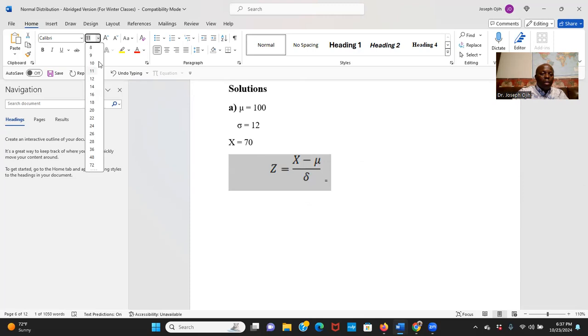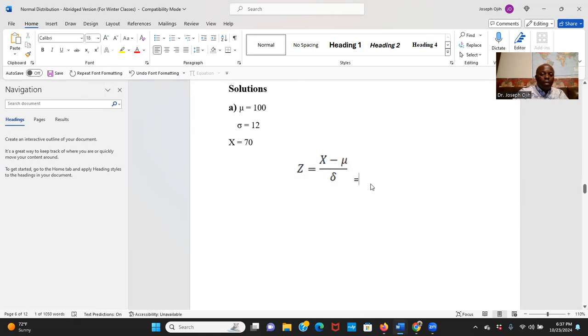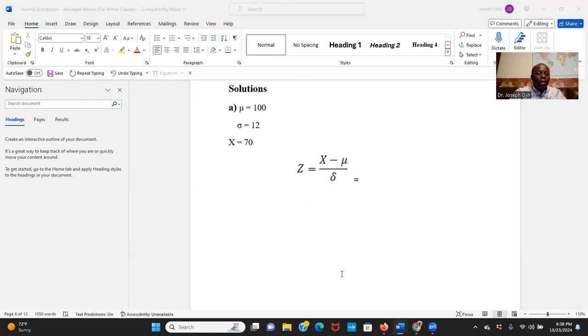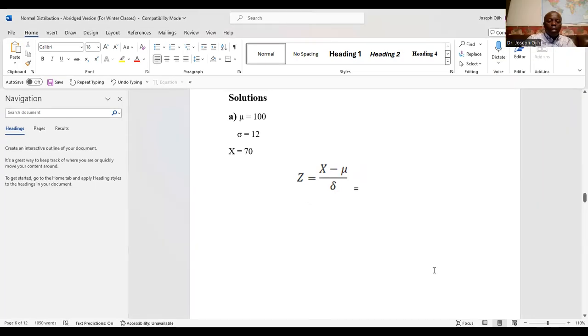So X is 70, so you get 70 minus the mean, 100, divided by the standard deviation of 12.